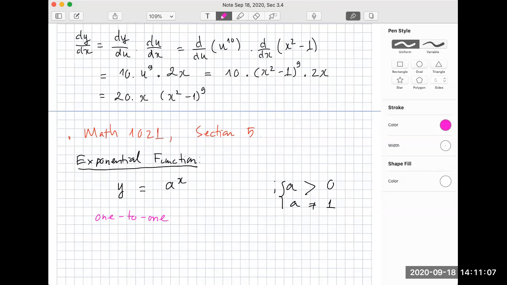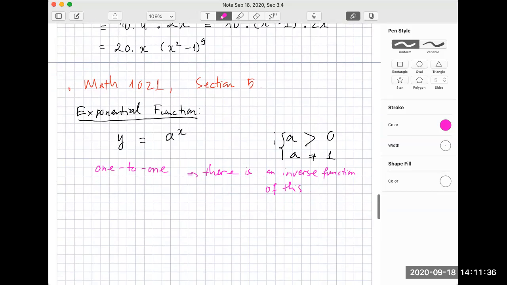Then if it is one-to-one, there's an inverse of this, and the inverse of exponential function is the logarithmic function. Okay?